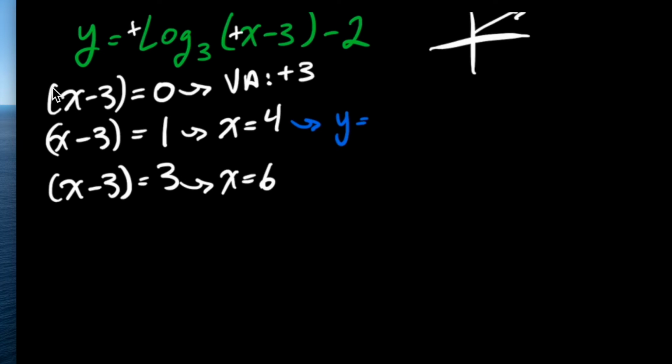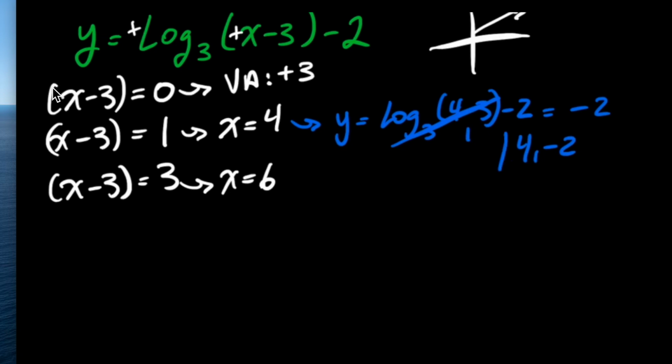We have y equals log to the base 3 of 4 minus 3, minus 2. This is going to become 1, which makes this 0, and therefore our y value is going to be negative 2. Our first point is going to be x equals 4, y equals negative 2.